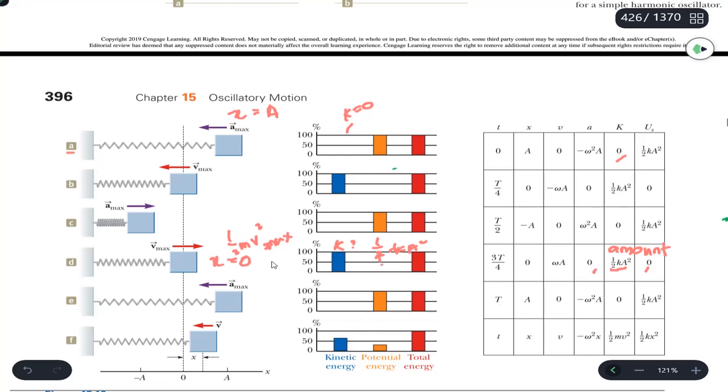Alright, in between them, when for instance it's neither A nor 0, meaning in between, we find that the amount of energy still remains the same, or the red colour is still 100% of its value, but it is now divided into two.